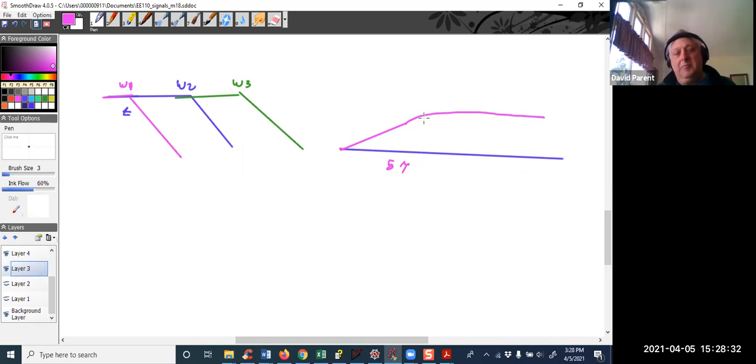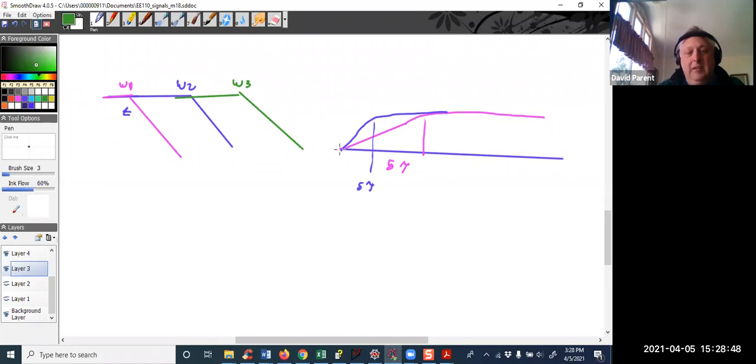Its 5 tau is going to be that. Then omega 2 is in the middle. And so its 5 tau is here.